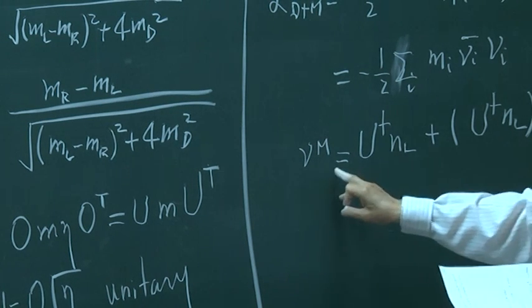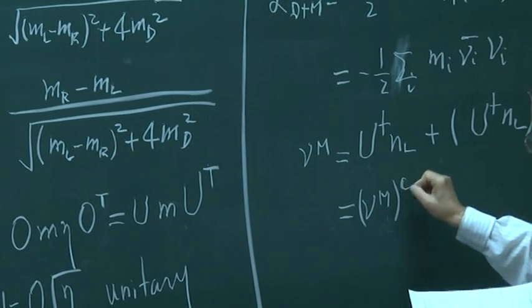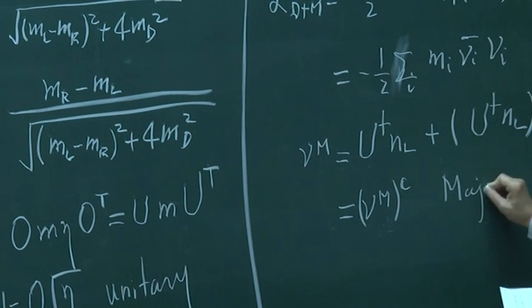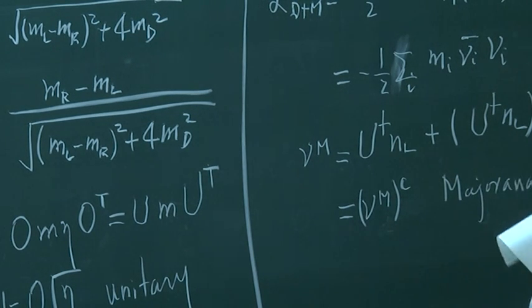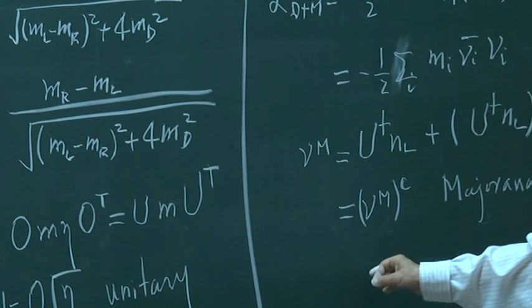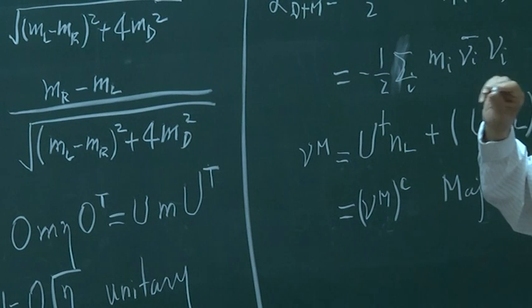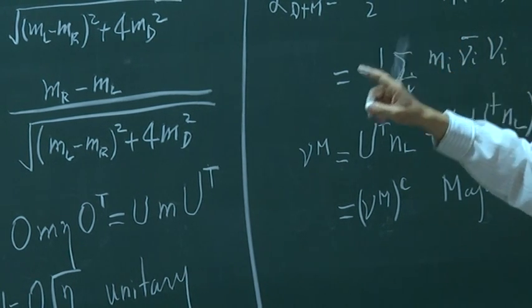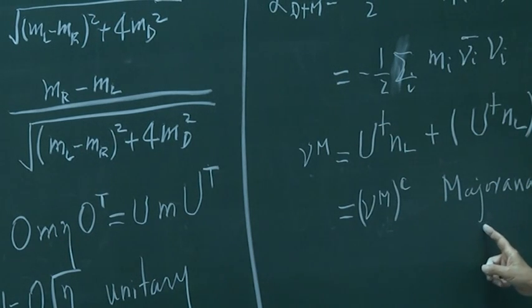Okay. And if you look at this expression again, you will see that this is equal to nu M charge conjugate. So this is a Majorana neutrino. And this is one of the conclusions which bothered me quite a bit when I was learning this subject. It means that as long as you have a Majorana mass term in the Lagrangian, the neutrino eigenstates are always Majorana.